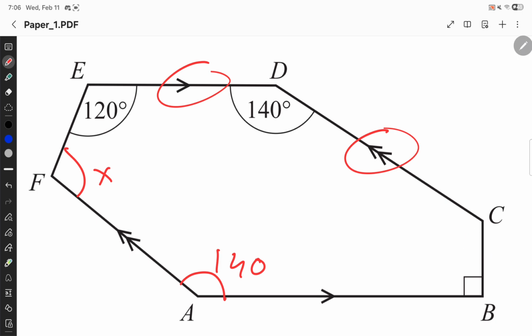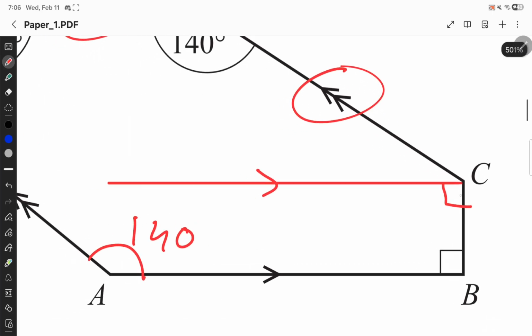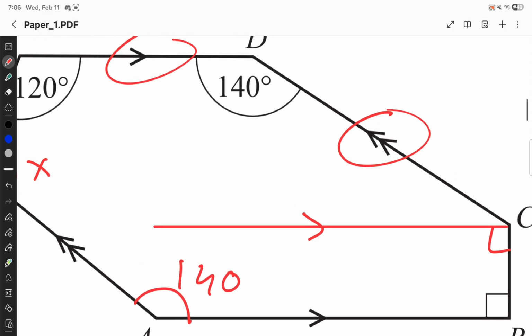So we can do something clever by cutting C. If we draw a perpendicular here at C, we make a 90 degree angle. And what is this angle then, you may ask?